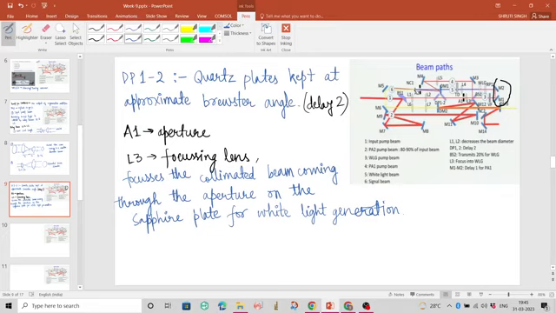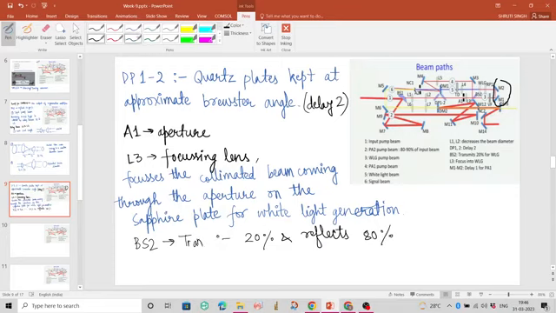Now after L3 we have this beam splitter BS2. Now BS2's job is to again, it's a beam splitter, it will reflect some part and it will transmit some part. So BS2 again transmits 20% and reflects 80%, right?